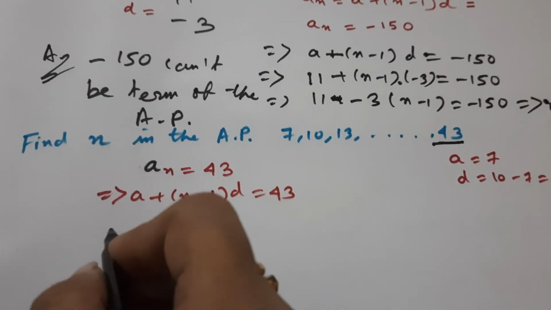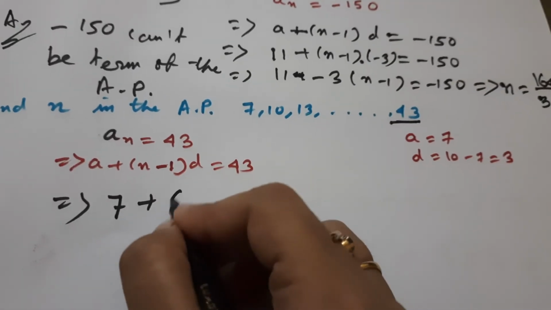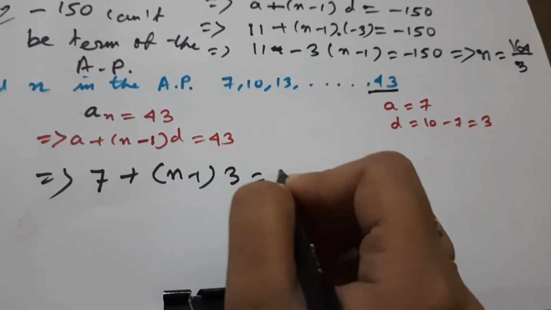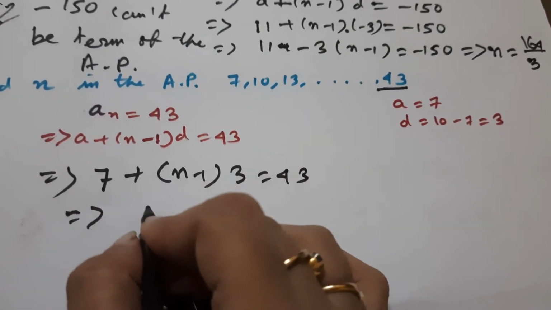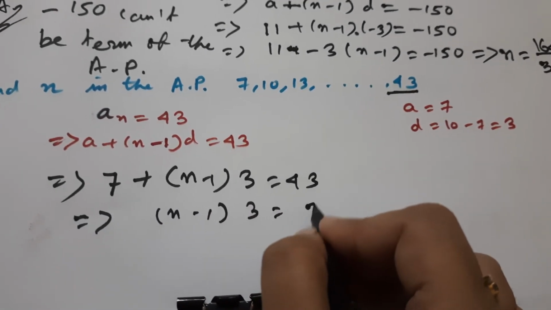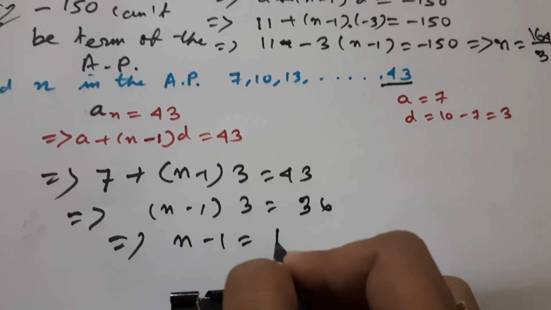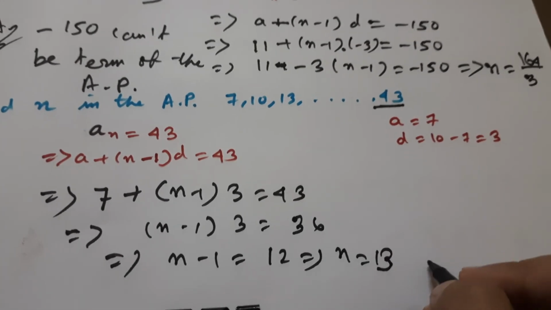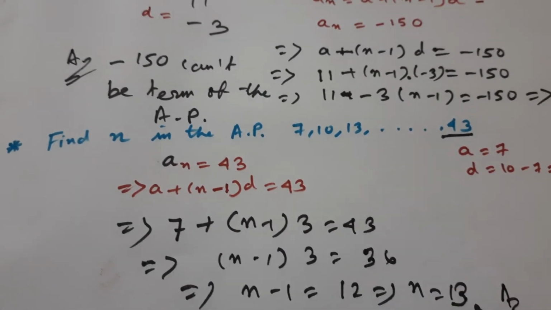Putting the values, 7 plus (n minus 1) into 3 equals 43, implies (n minus 1) into 3 equals 43 minus 7, which is 36, implies n minus 1 is 36 by 3, which is 12, implies n equals 13. So the answer is 13, n equals 13.